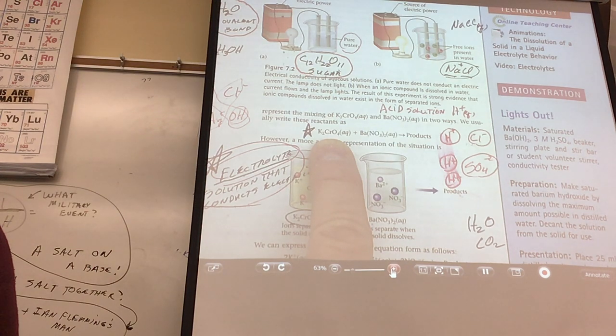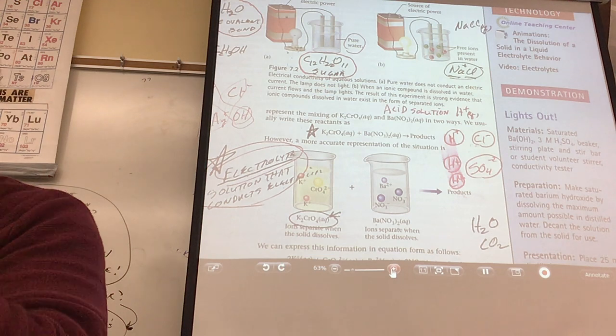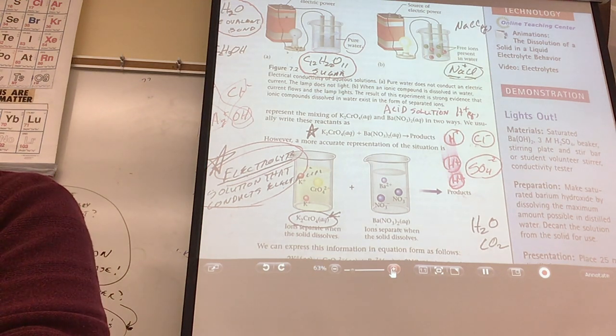Got chromium in it. Yes. Reacts with. Yes. Is that right?